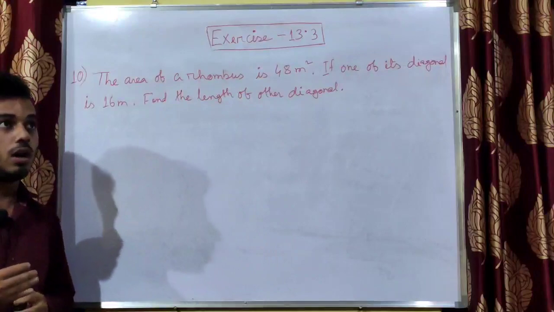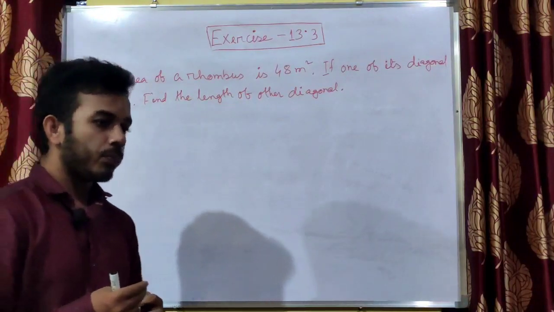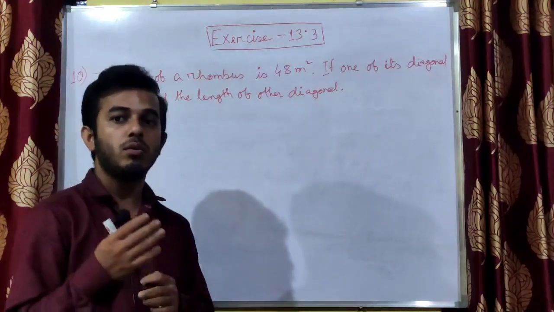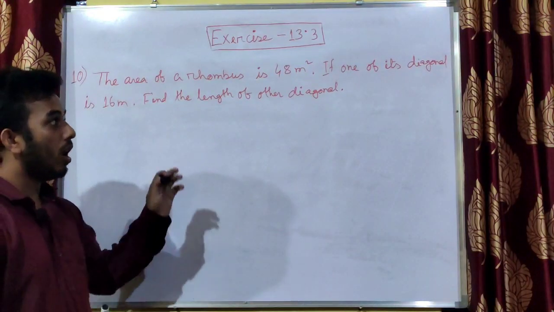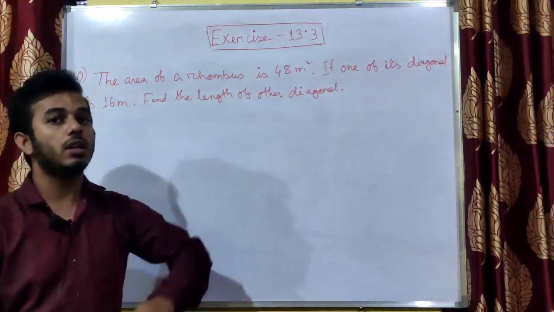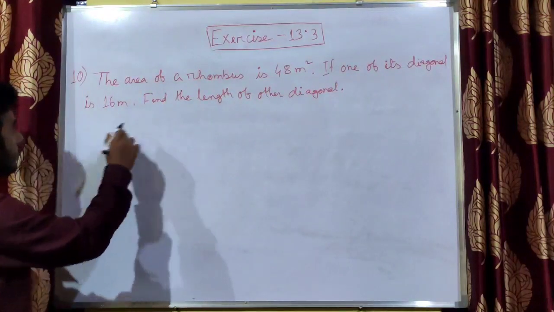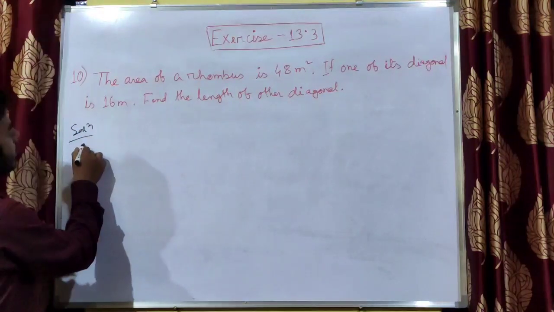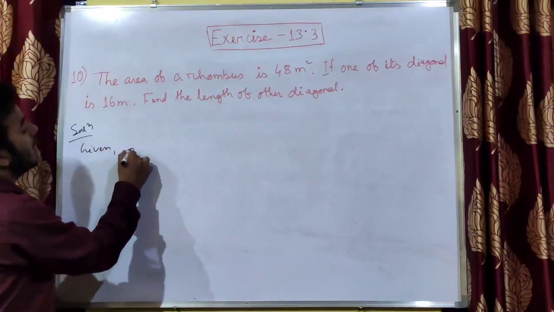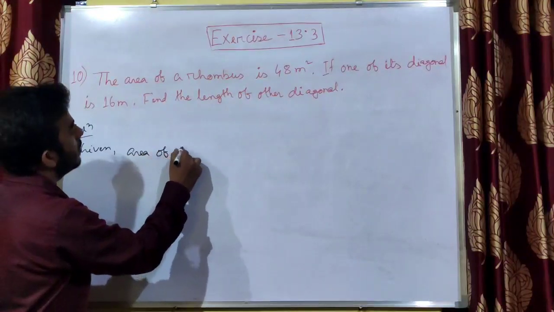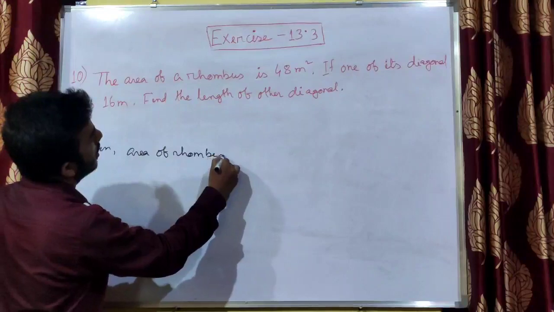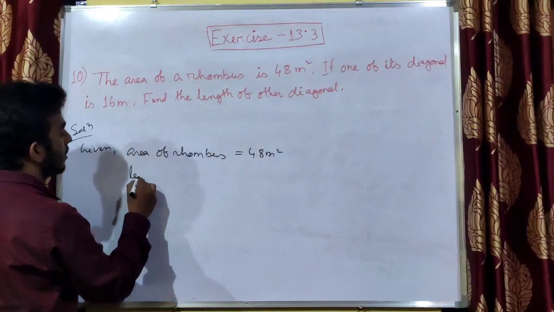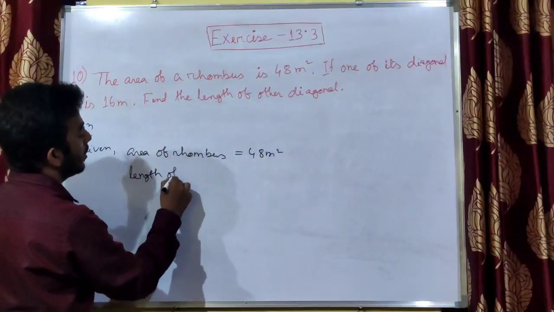And we know when there is diagonal, we find area of rhombus by multiplying half with product of diagonals, right? So how will you find the length of the other diagonal? Let us solve. First of all, we write solution, then given area of rhombus equals 48 meter square, then length of one diagonal, right?